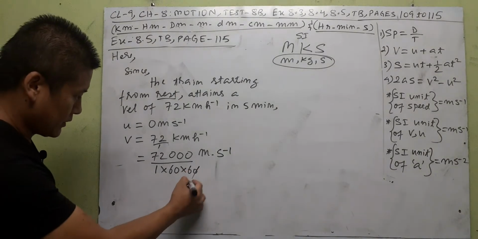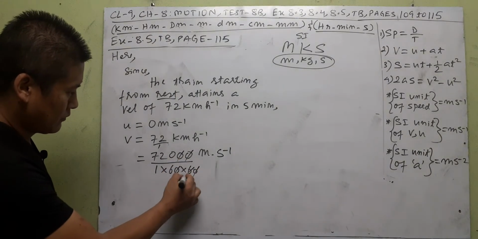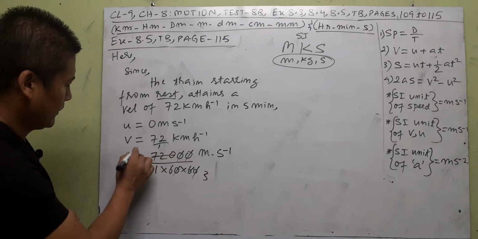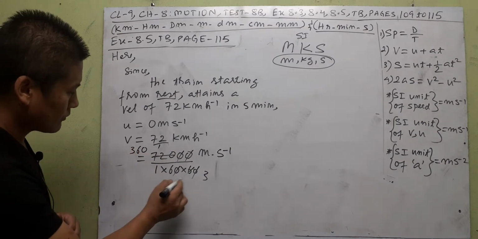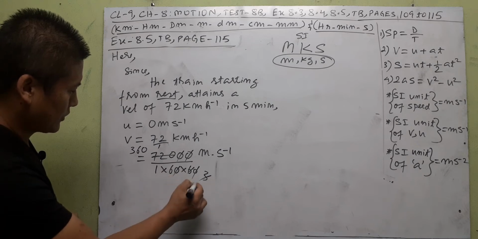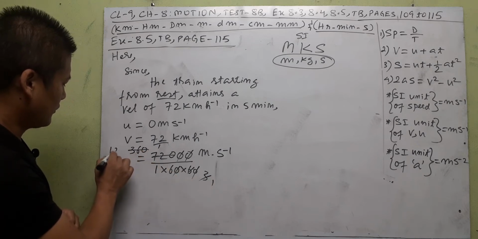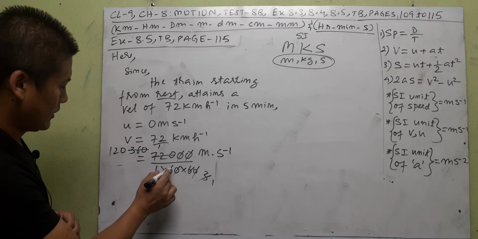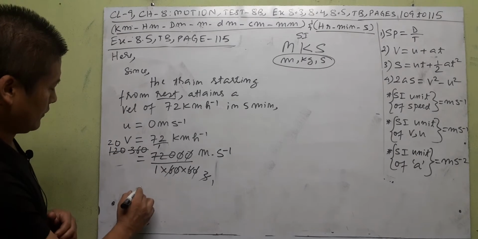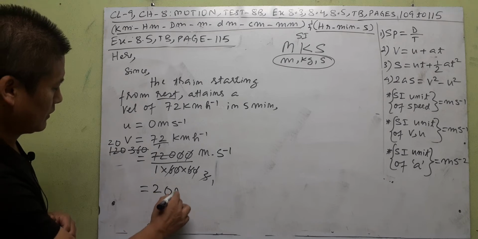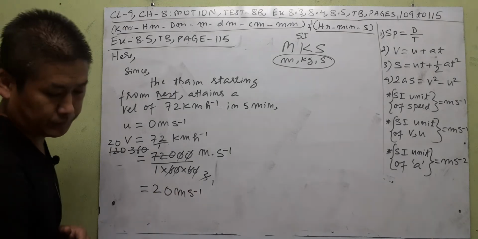So we can cancel this 0 and 0, and 2 3s are 6, and then 2 3s are 6, and then 2 6s are 12, 0. Then 3 1s are 3, 3 2s are 6, 3 0. Again 6 2s are 12, 0. So this is finally coming out as 20 meter per second.